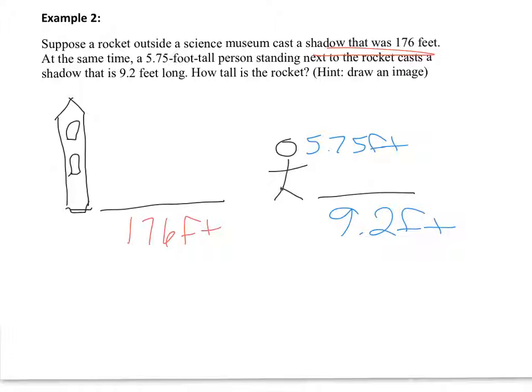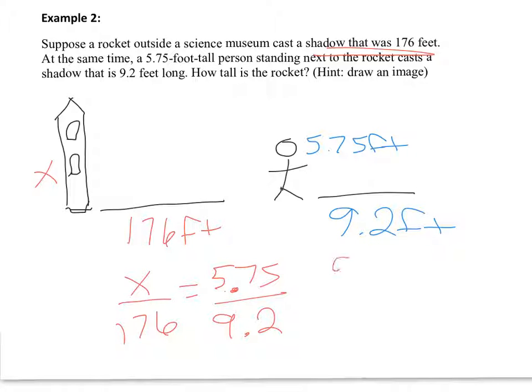Once we realize that we do not know the actual height of the rocket, that would be the ratio we would set up. So we would go x over 176 equals 5.75 over 9.2. So it's the actual height of the object or person over the shadow of each. Now we would simply use the cross product to evaluate our answer.